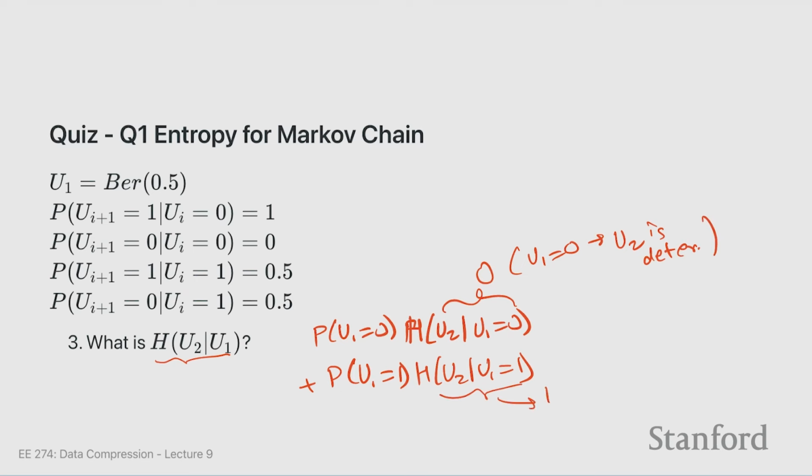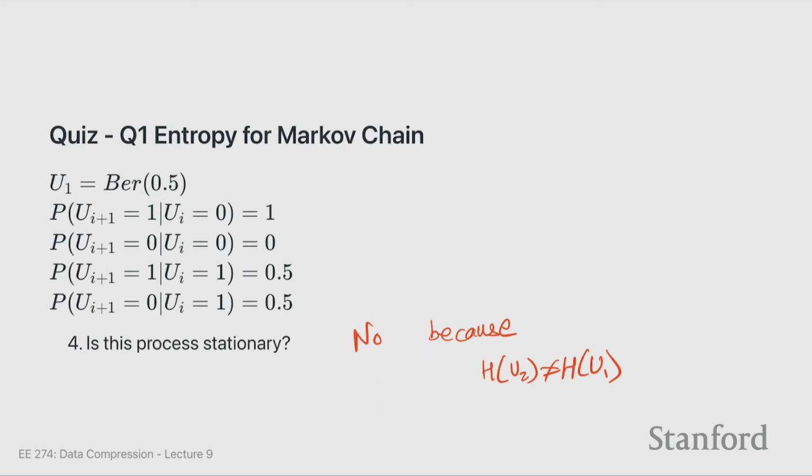And this one is 1, because if U1 is 1, then U2 is Bernoulli half. After you do the computation, you will see that these two are half, obviously, so this will be half. If by any chance you didn't get these, look at the last lecture where we did an example, and just refresh your probability textbook, since they're just following the probability formulas.